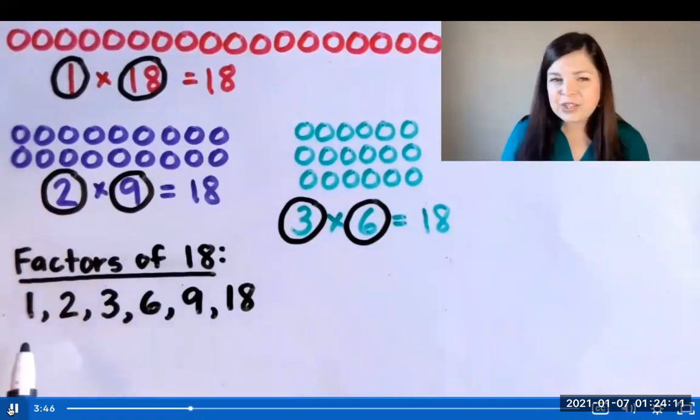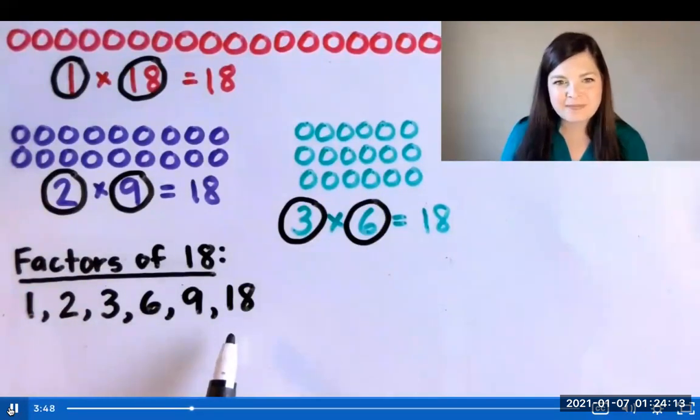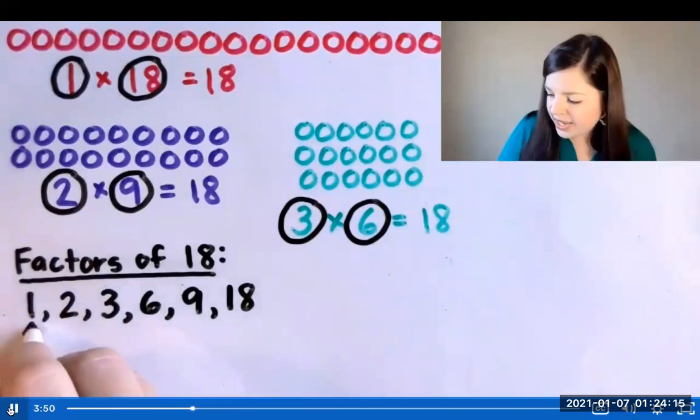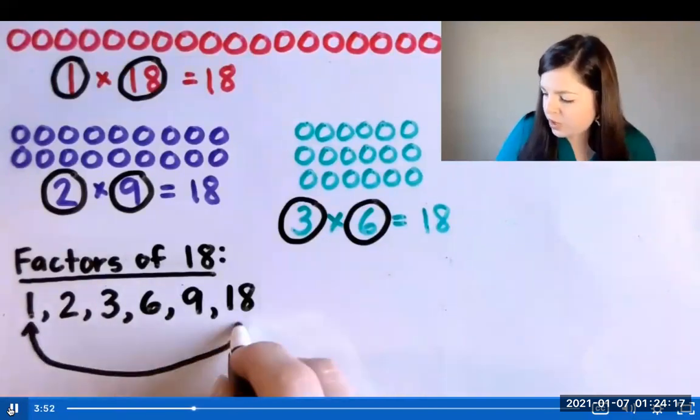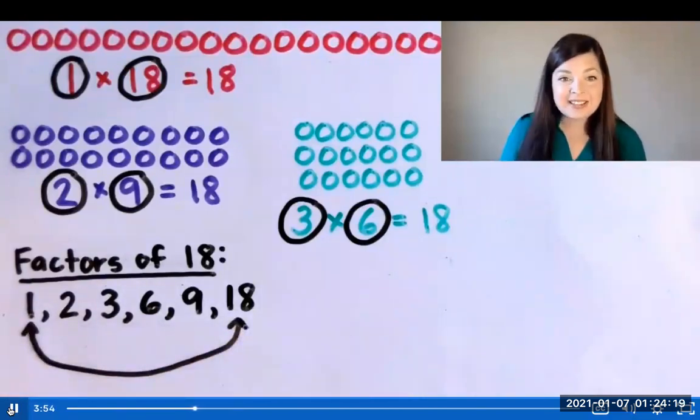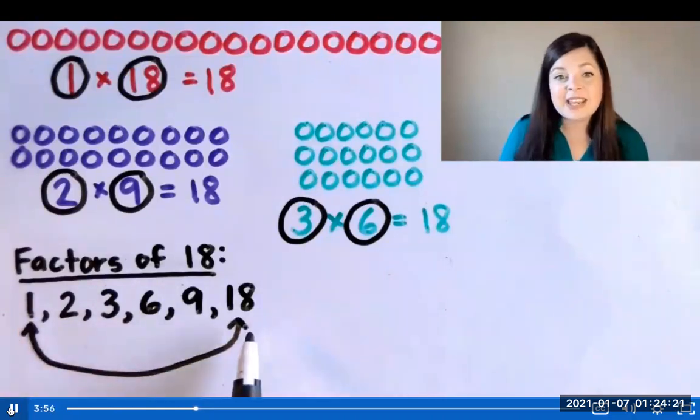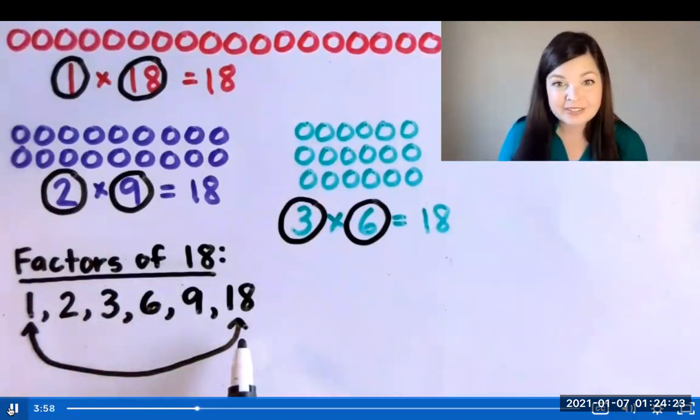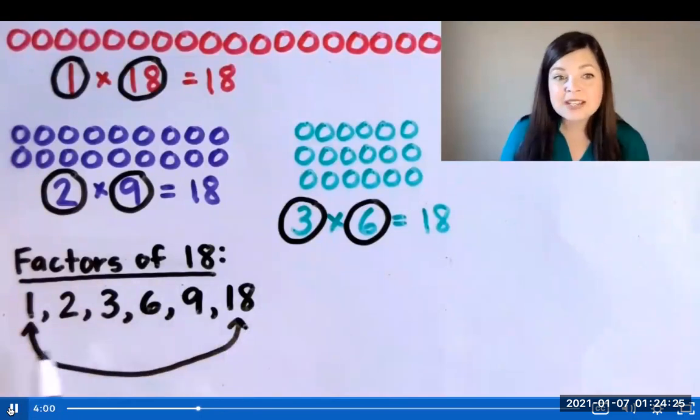So let's try this. Look at our list of factors of 18. We can draw an arrow from 1 to 18 because 1 and 18 is a factor pair. Because 1 times 18 equals 18. We can multiply them together to get 18.